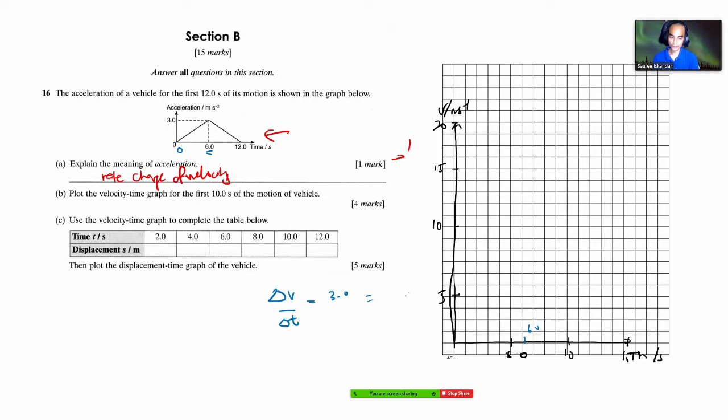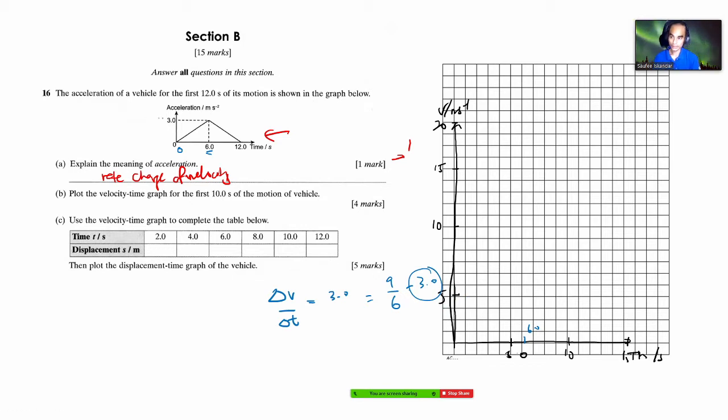Actually you have a change of 9 over 6, then you have 3.0, right? Then we divide by 6, you have 3. Is it correct? Why 9? Because you want to get this number 3.0.